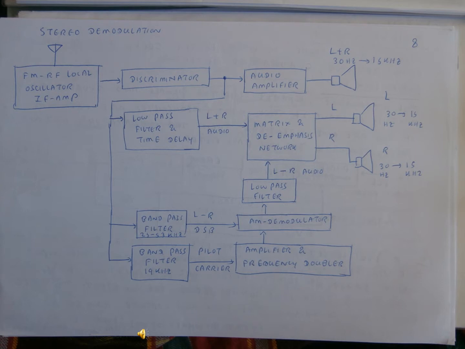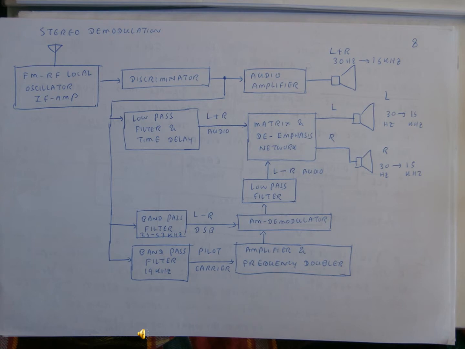So the signal passes through the low pass filter and time delay, and the left and right audio passes through the matrix and the de-emphasis network, and is fed to the left speaker and the right speaker. In the middle, the two band pass filters carry the left minus right double sideband and the pilot carrier. The left and right double sideband is input to the AM demodulator circuit, and the pilot carrier is input to the amplifier and the frequency doubler.